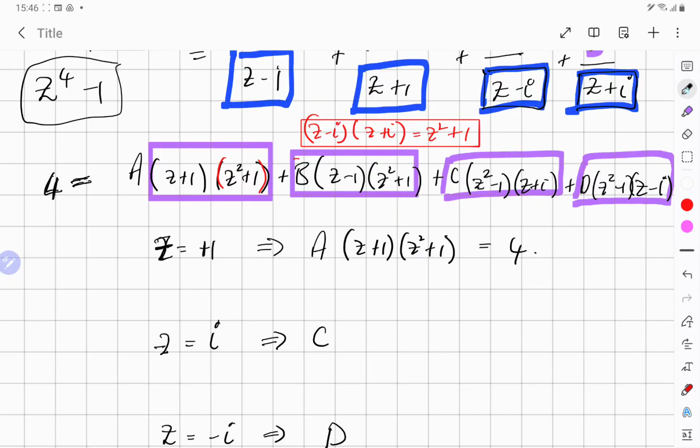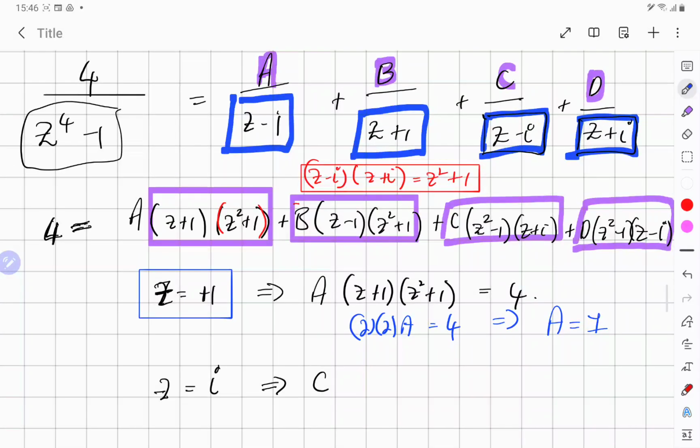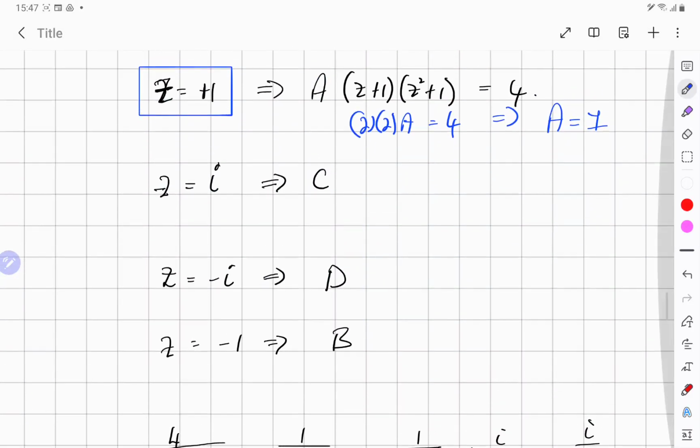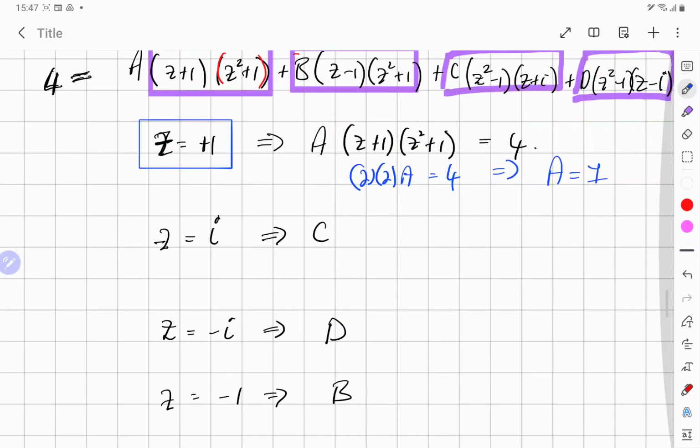If I substitute z equals 1 in, I will get 2 times 2a is 4, and hence a is 1, which I'm going to use later in my partial fractions.